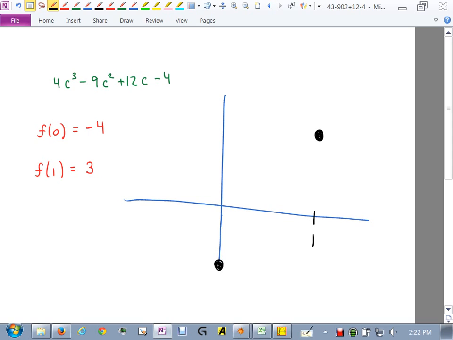If this is a continuous function, right? If I have to connect those two dots, guess what it has to go through to get from the bottom dot to the top dot? It's got to go through and hit 0 somewhere in there, doesn't it? Your calculator already knows right now that the answer is somewhere between 0 and 1. It knows that because there was a change in signs.